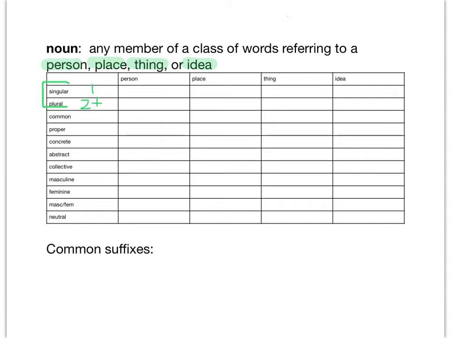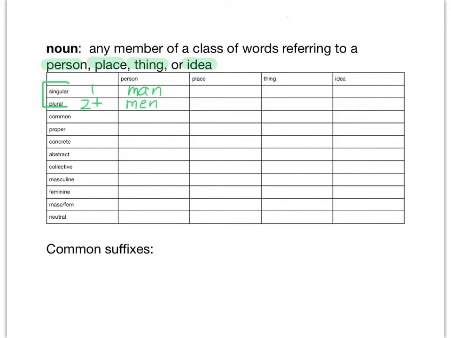So for example, a singular person might be a man. If there's more than one man, we'd call it men. Other examples, a single person might be girl. Plural would be girls.